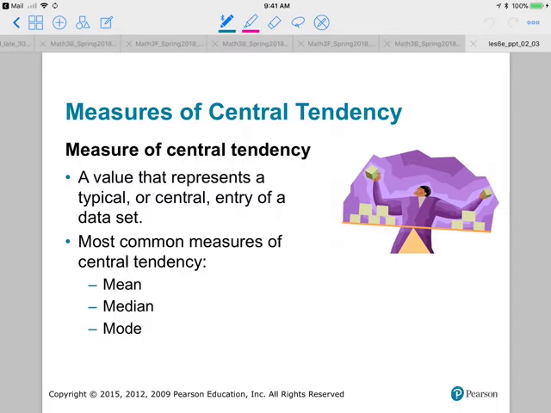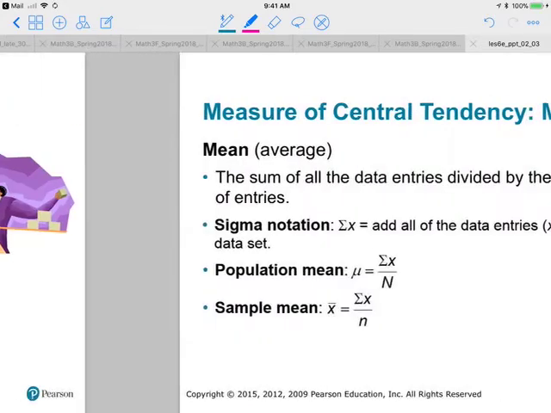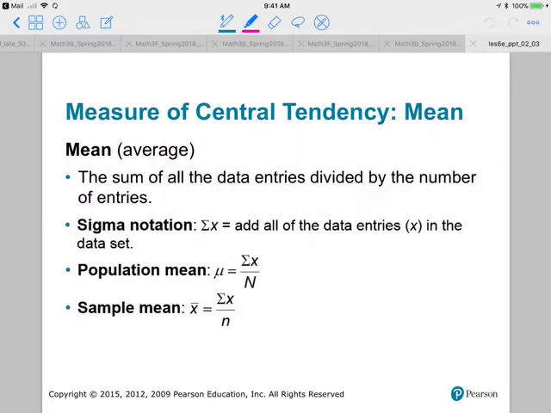And if you were to have one value to represent the data set, typically statisticians choose mean, median, or mode. These are the three most common measures of central tendency: the mean, the median, and the mode. We'll run through these really quickly. The mean is the same as the average.